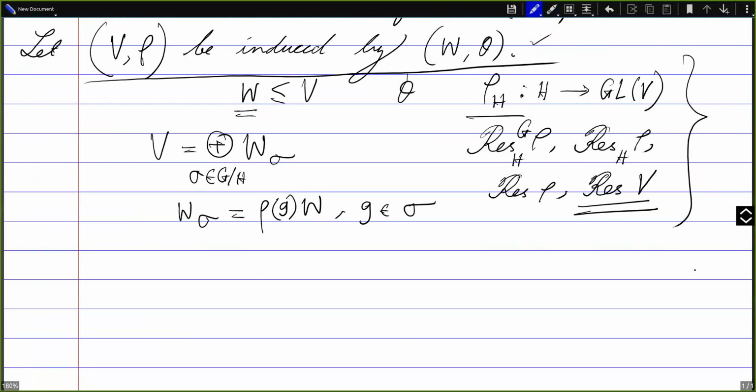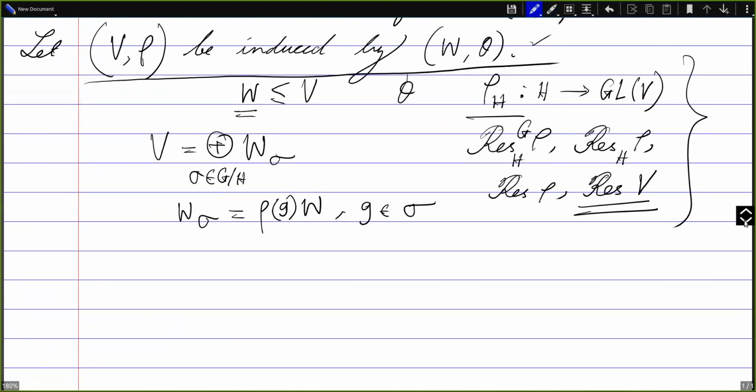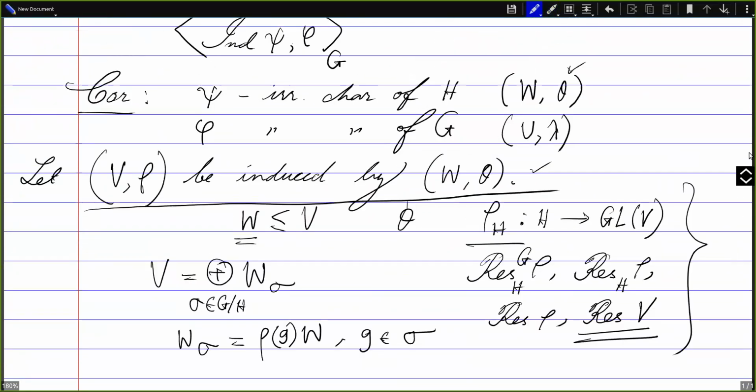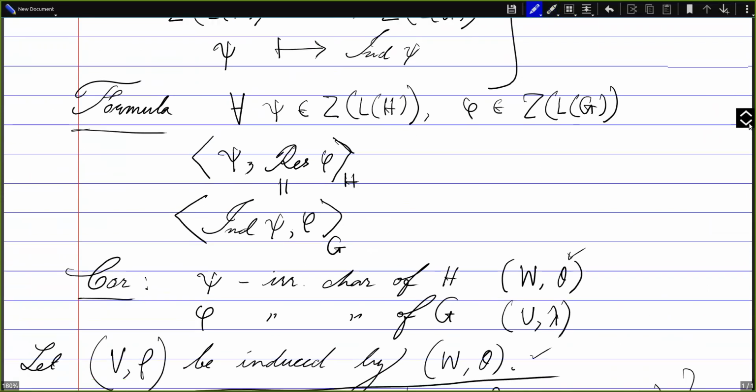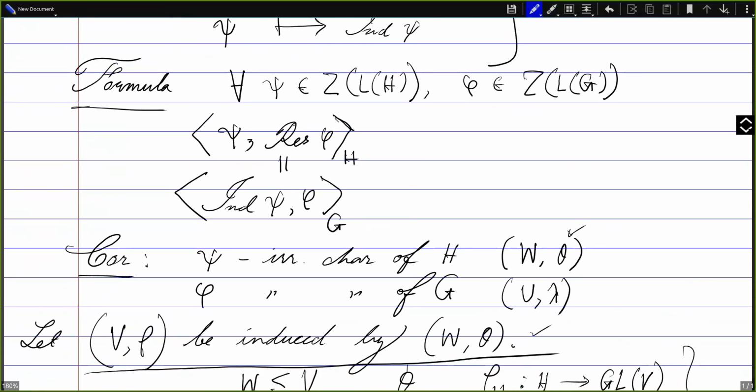Okay, so we have just recalled what we mean by W theta, and now from this we shall see the following, that with this we shall interpret both the sides properly.